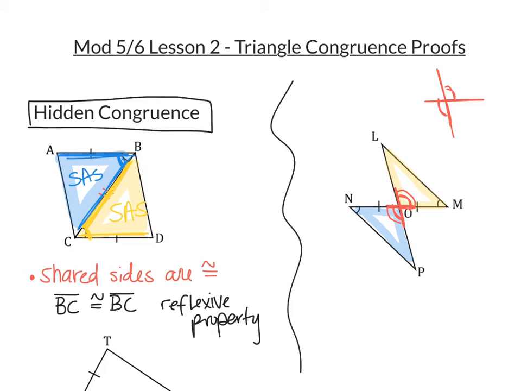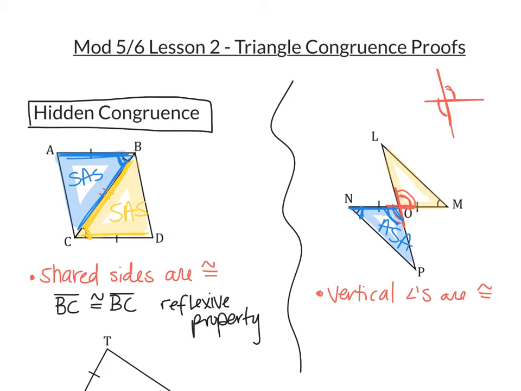Now I can decide what theorem I have. So I've got an angle, a side, and then another angle right here, which means this is going to be angle, side, angle. If you check the other one, you're going to have the same thing. So what we want to do is write that these vertical angles are congruent.